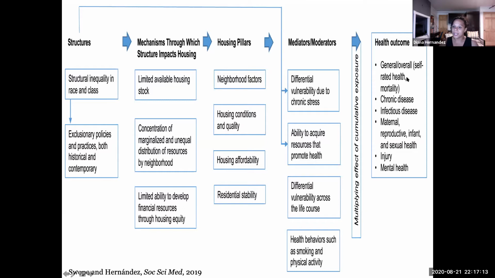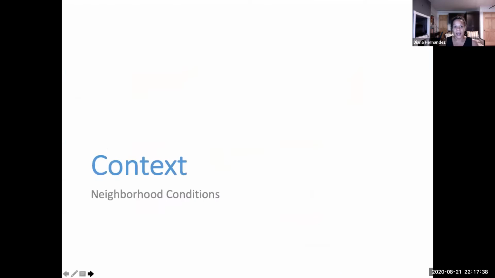A lot of times, like I said earlier, public health has focused primarily on respiratory health, right? Asthma is an important outcome. But if we think more comprehensively about what health is and how housing contributes to these health outcomes, then we have a broader array of health outcomes by which we can understand the link between housing and health.